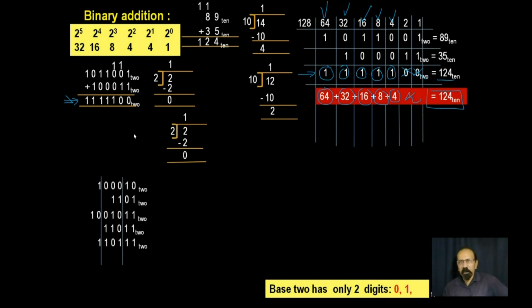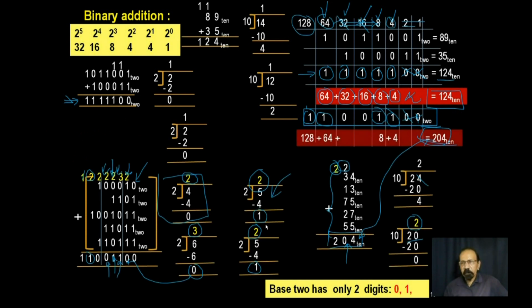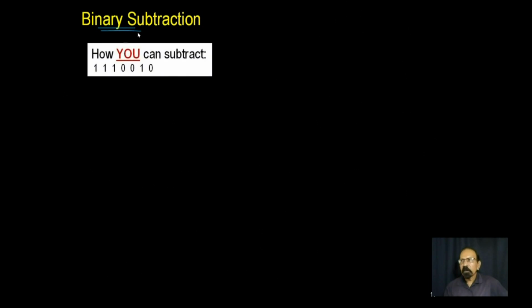Let's try another number. We said base 2 has only 2 digits, 0 and 1. Now let's do a little binary subtraction. Now this is what you can do in subtraction.